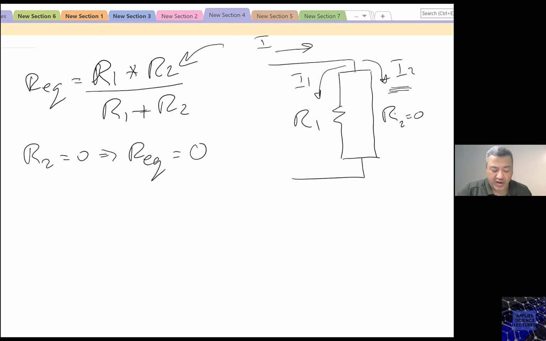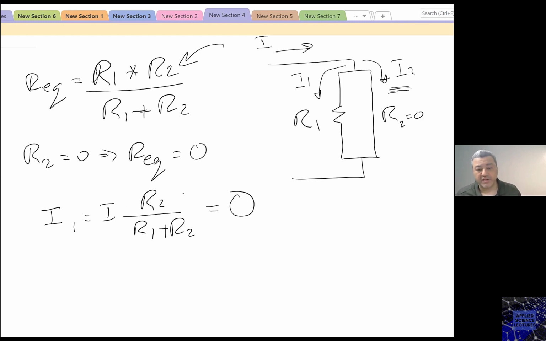Now let's calculate I1. Matthias was asking why there is no current going in I1. Based on the current division, we have learned that I1 equals I times the other resistor divided by the summation. So the other resistor is R2, divided by the summation R1 plus R2. However, R2 is 0. So this means that I1 is 0.